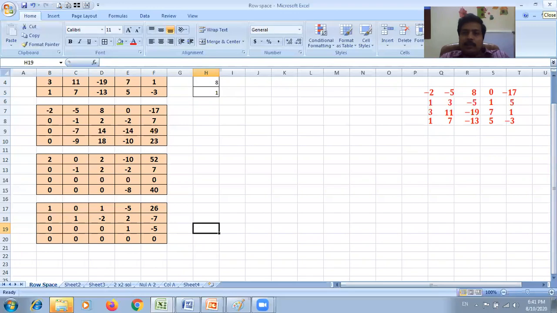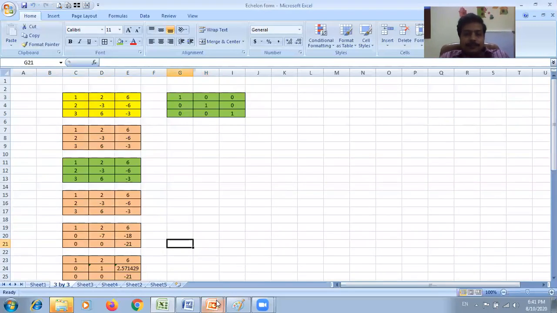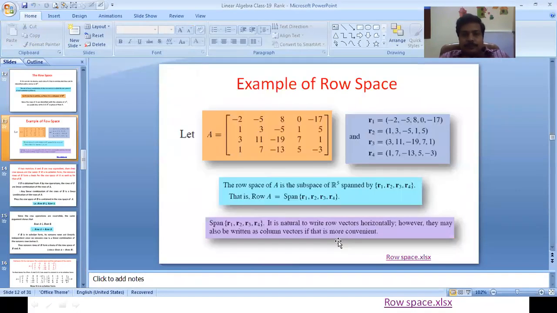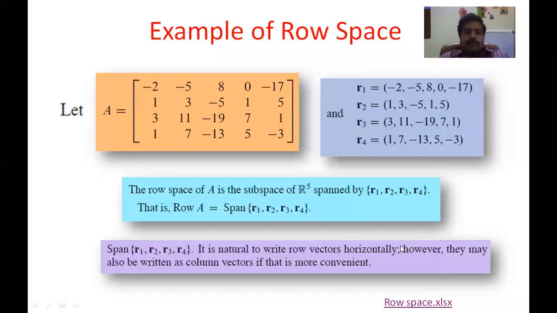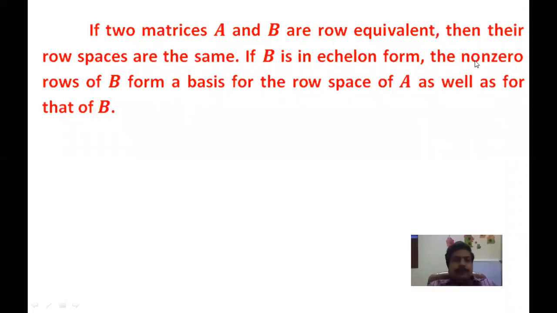Let us once again go back to the PPT. So let us prove this statement. Simple one.